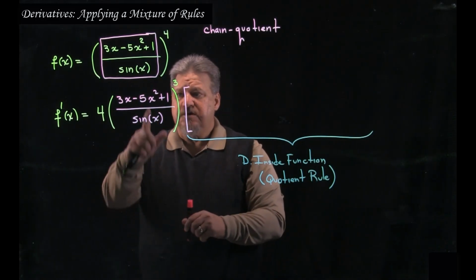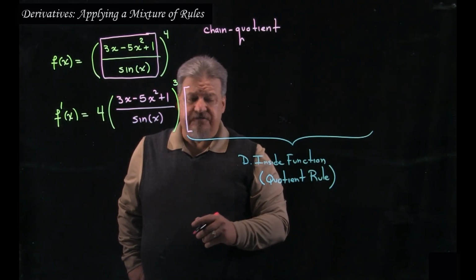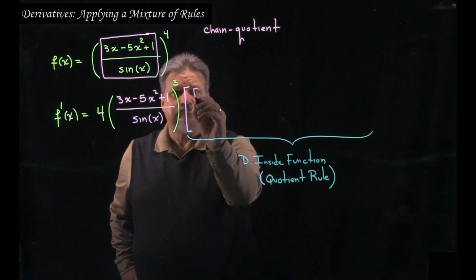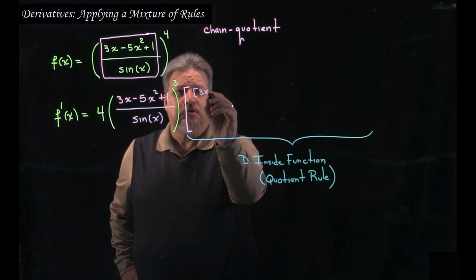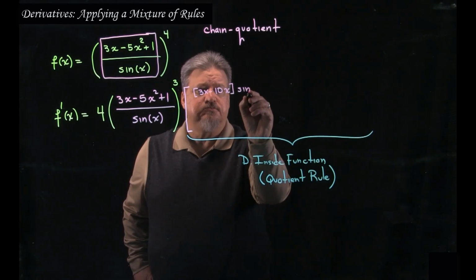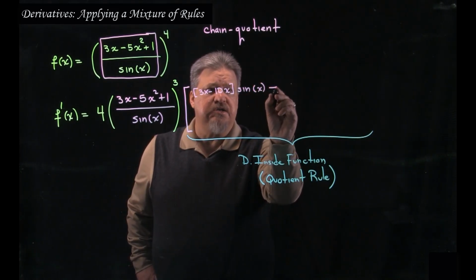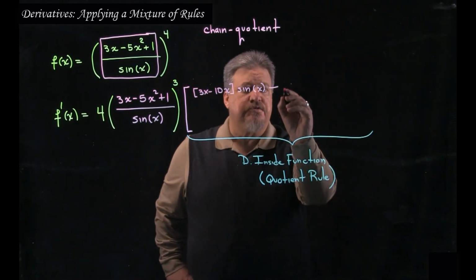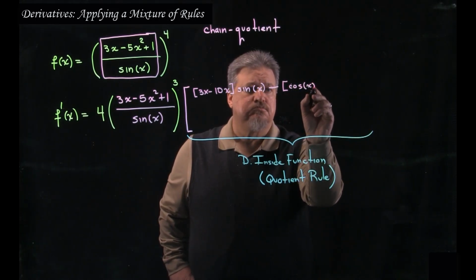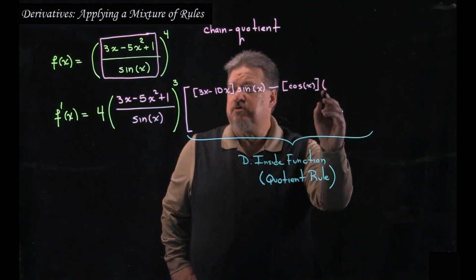All right. So now we're doing the derivative of the inside function, which is a quotient rule. That's the derivative of the numerator times the denominator, minus, that's part of the quotient rule, the derivative of the denominator times the numerator.